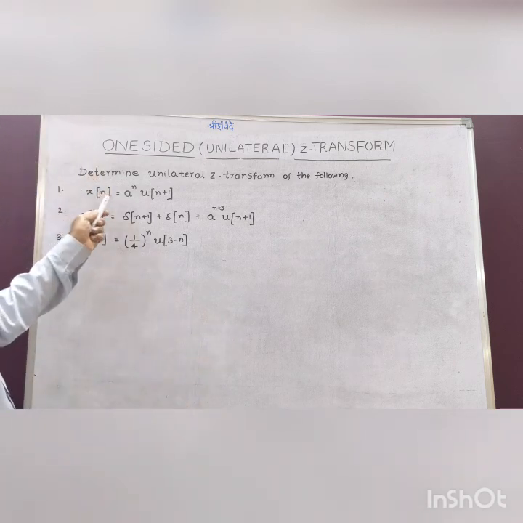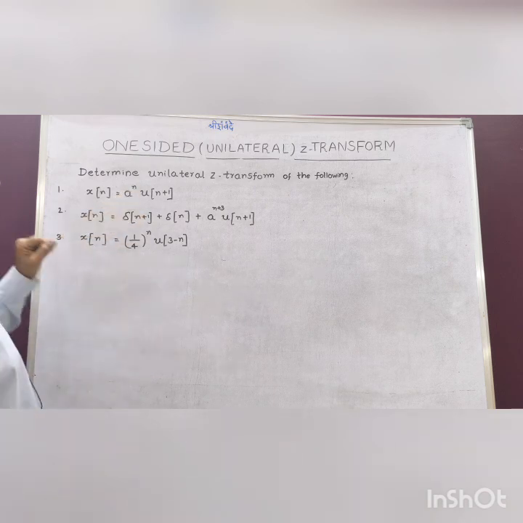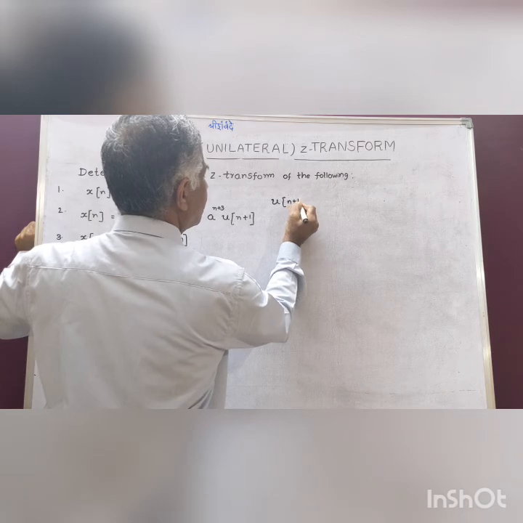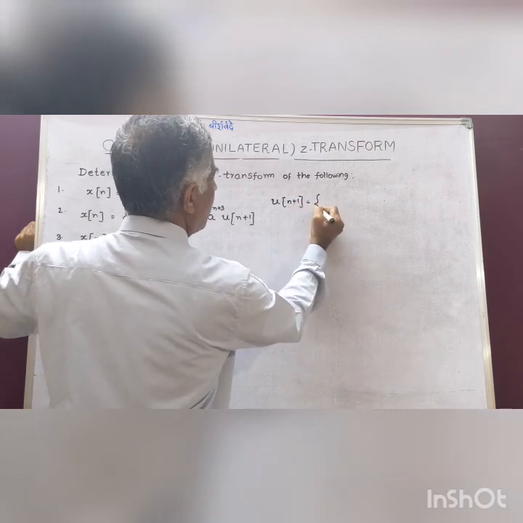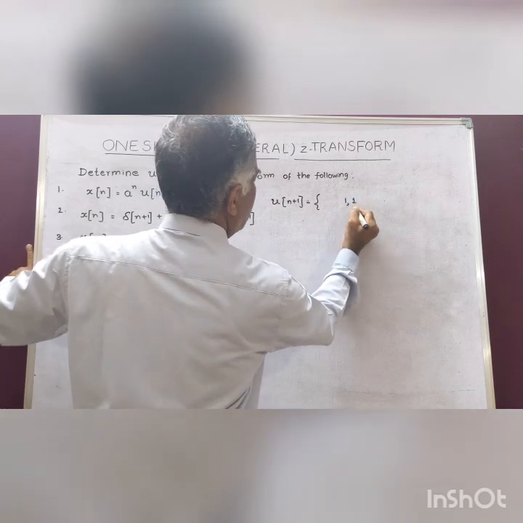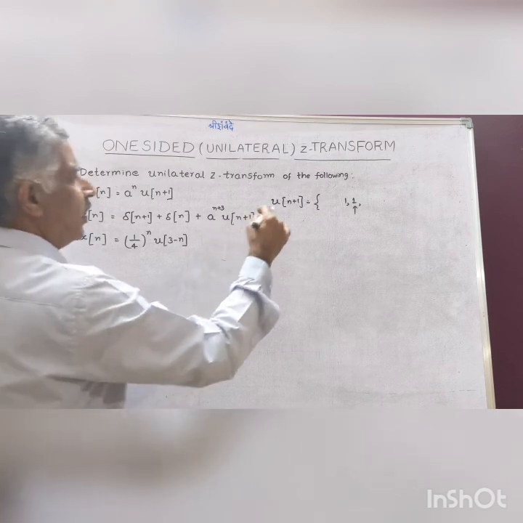First one, x of n equal to a power n u of n plus 1. What is u of n plus 1? I will write it in the form of a sequence: 1, 1, 1, 1, 1, 1. It is a shifted function.